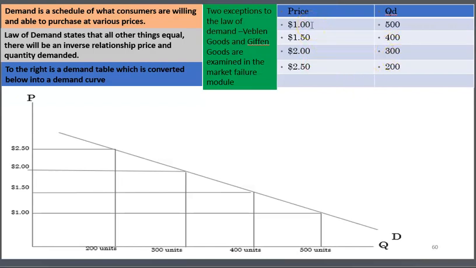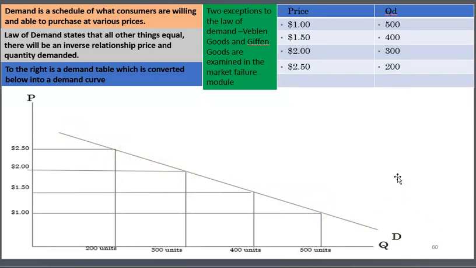Also, as the price increases, some people no longer want to make the purchase because the price is becoming higher than what they value it at. For example, if we've got a consumer that values this product at $1.25, when the price goes from $1 to $1.50, they end up dropping out of the market. And so we have this downward sloping to the right demand curve.